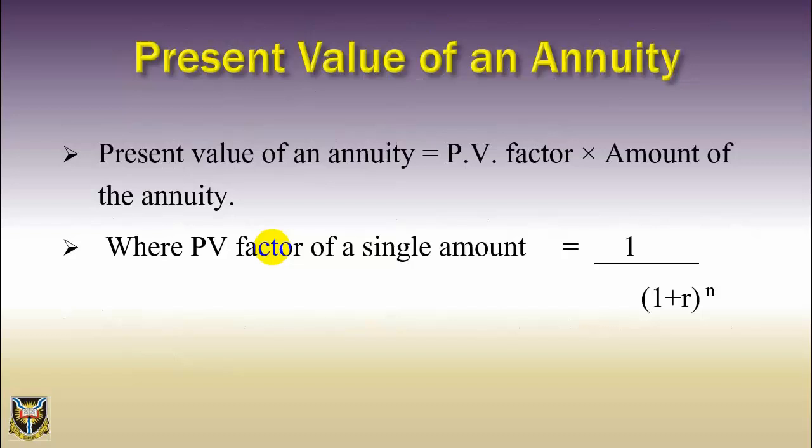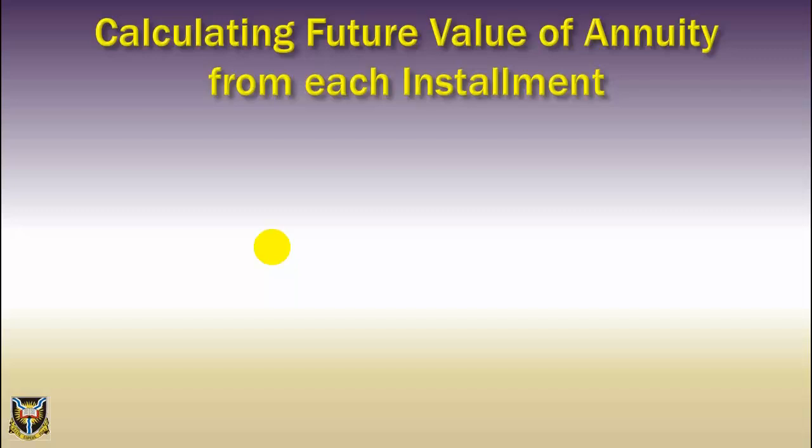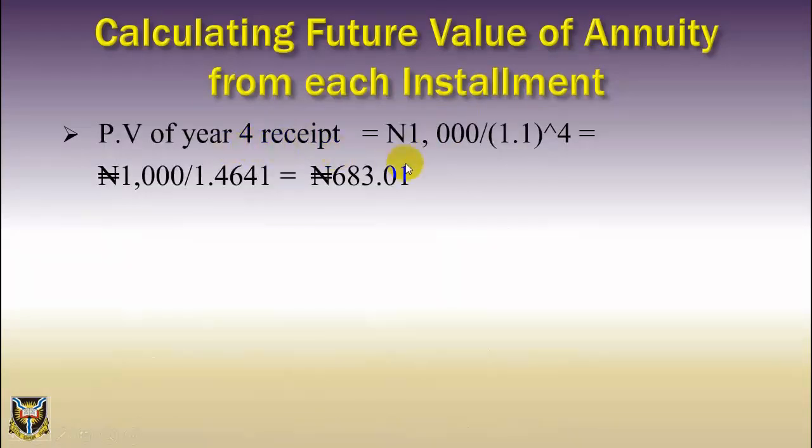J. Calculating present value of annuity from each installment. PV of year 4 receipt is equal to 1,000 over 1.1 raised to power 4, which is equal to 1,000 over 1.4641, which is equal to 683 naira 01 kobo.